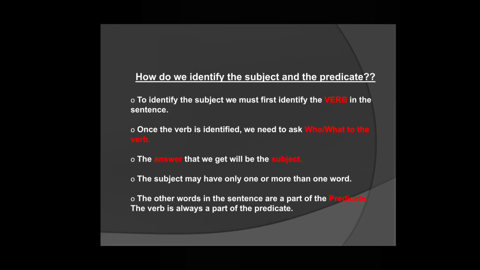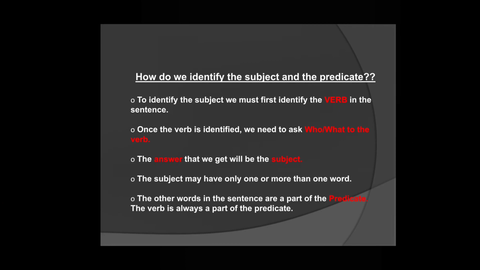So first and foremost, you must know which are the words that must be classified as verbs. The first and foremost thing you have to identify is the verb. You must be clear with verbs, right? Now, when we have to identify the subject and the predicate, remember, in a sentence, you first need to know how to identify the subject. How do we identify the subject? First, we have to identify the verb in a sentence.